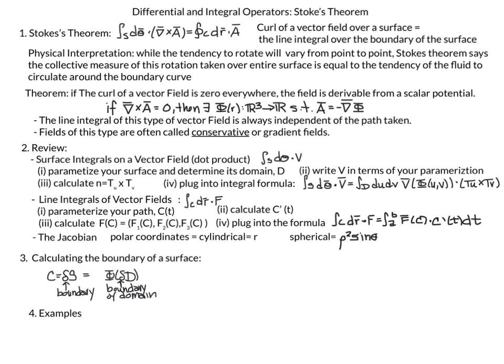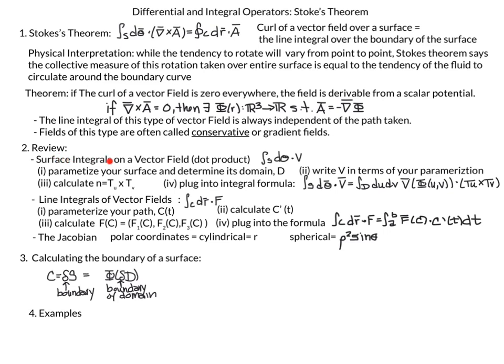That is, if the curl of A is equal to 0, then there exists some scalar function such that A is equal to the gradient of that scalar function. We said the line integral of this type of vector field is always independent of the path, and for that reason it is called a conservative field. Sometimes it's called a gradient field, since it is the gradient of a scalar function.